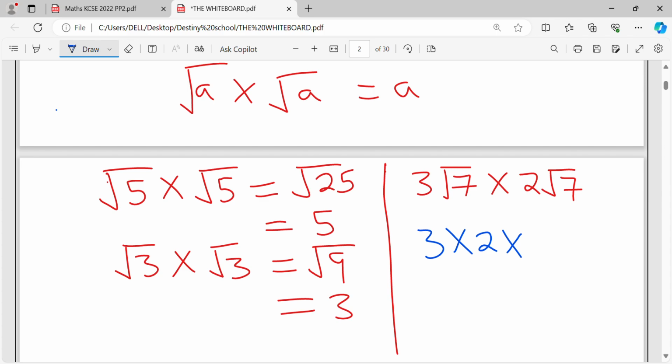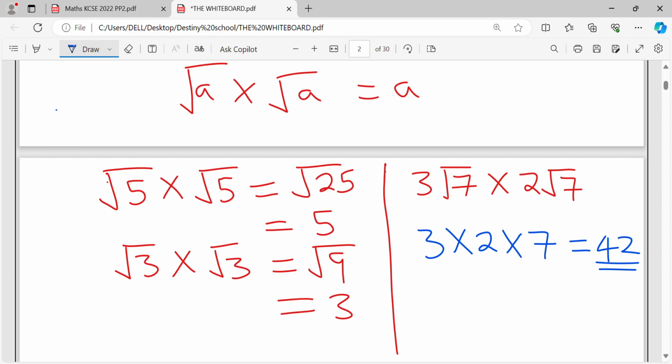Then we go ahead to multiply what is inside the root. Remember, you have said that if you multiply 2 similar roots, you end up having the number that was inside the root. So that will be 7 times 7, and 7 times 7 is 49. And what is the square root of 49? It is the very same 7. So it will be 7.